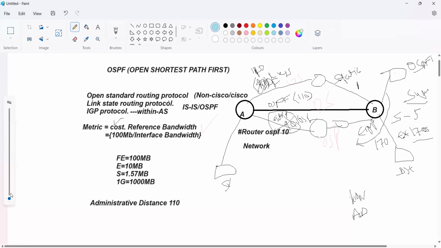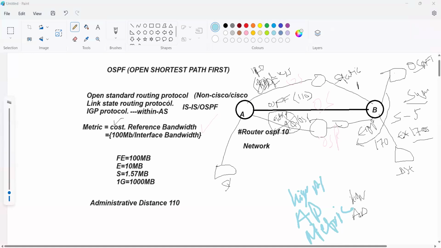First it checks the longest prefix, then the AD value, then the metric. If the metric also matches, then it will be load balanced. This is how the router elects the best path.